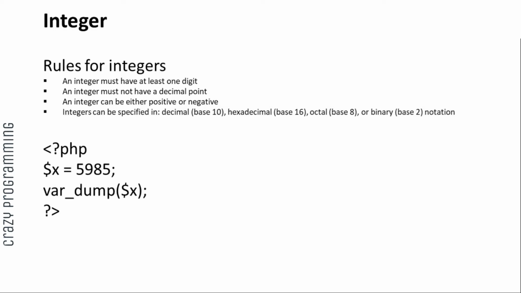And now we will see the example of integer. As you can see, I declared an x variable with a value 5985. Whenever you declare an integer, there will be no double quotation marks. And after that, I used var_dump, and inside the brackets the x variable.